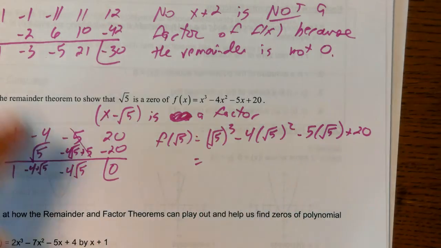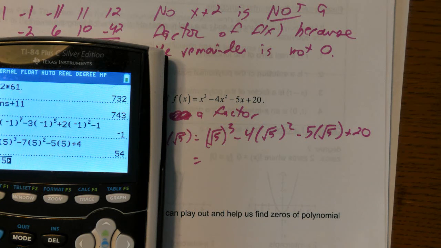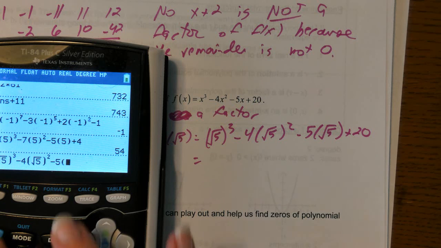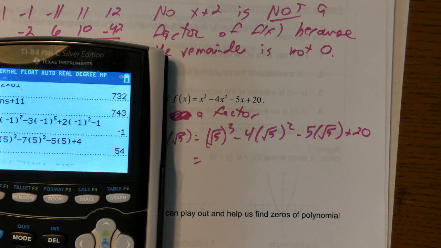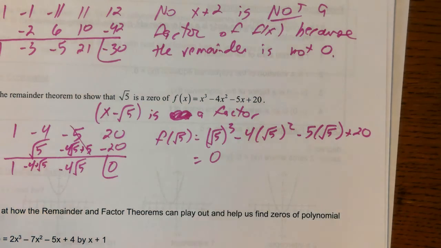And this I can use my calculator for. So this is kind of cool. Square root 5 to the third minus 4 times square root of 5 squared minus 5 times square root 5 plus 20. And that also works out to be 0. So I could have done it either way.